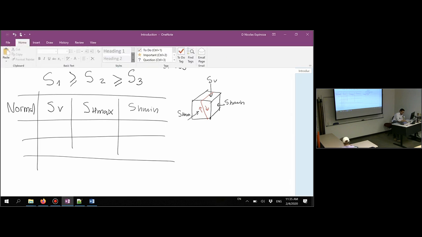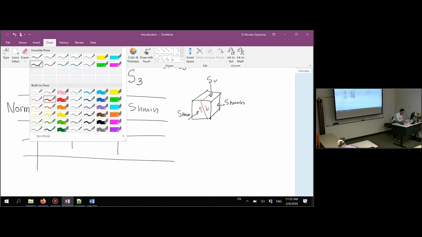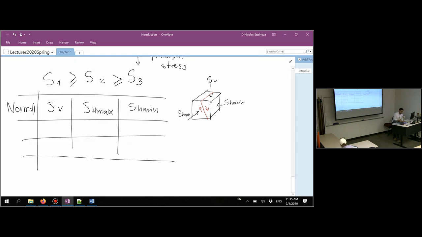Let's go to the next one. Let's go to the complete opposite, which is the reverse. In the reverse faulting regime, the maximum principal stress is horizontal, the minimum is vertical, and the intermediate is the minimum principal stress.